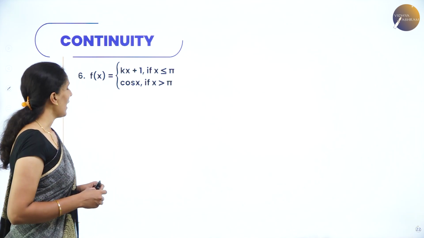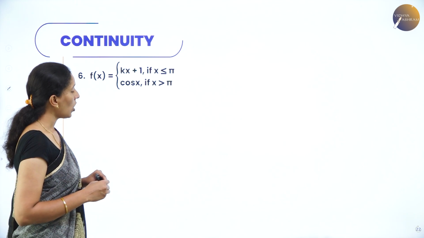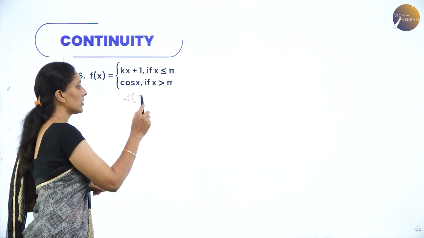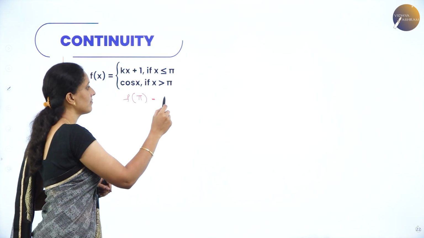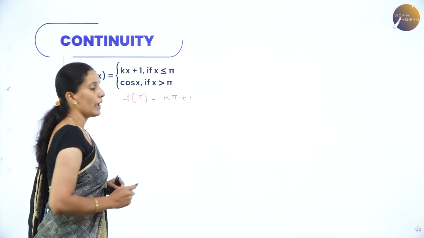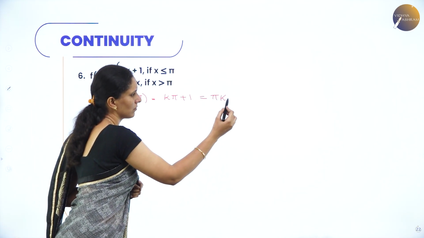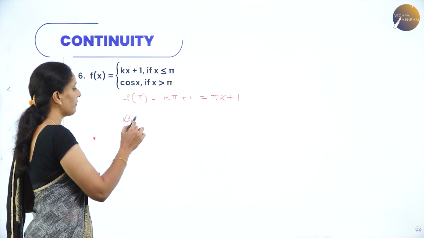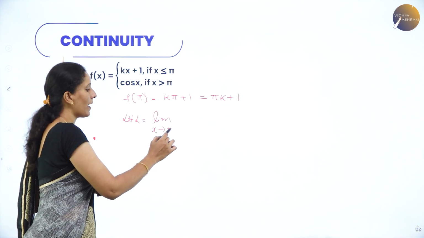The next question, f of x is equal to kx plus 1 if x is less than or equal to pi, and cos x if x is greater than pi. Now let's take f of pi. What is f of pi? Whenever x is equal to pi, f of pi is k into x plus 1, which becomes k pi plus 1, or we can write pi k plus 1. Next we can take the left hand limit, that is limit of the function as x tends to pi minus.